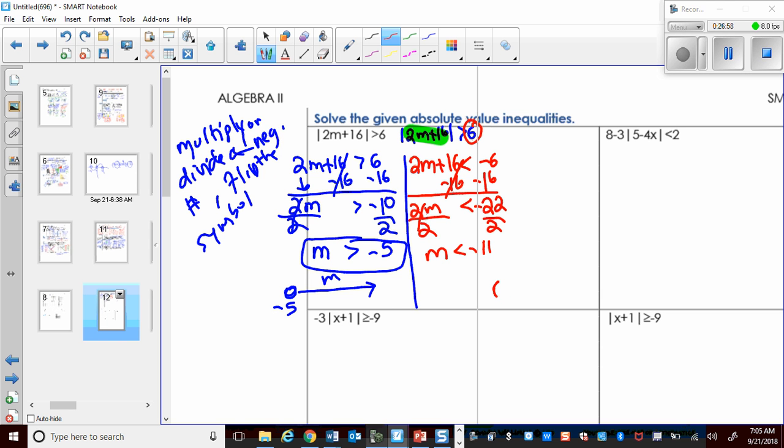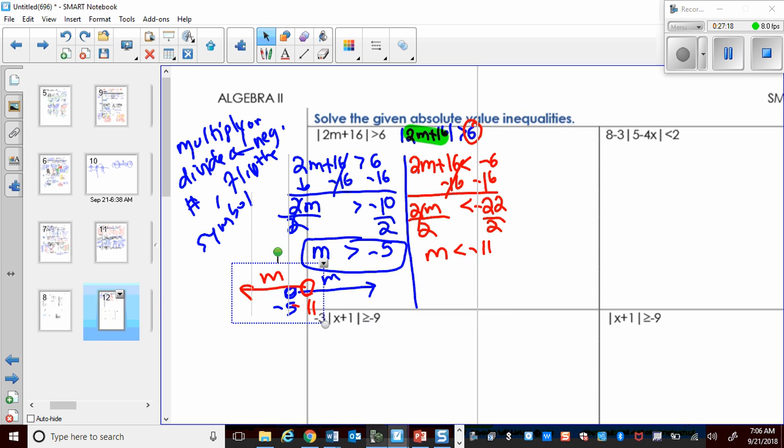So here, I'm at -11, everything's going to the left, all these little m's are my solutions. If I were going to write that appropriately, the best thing to do would be to write what comes first. So if I put these two solutions together, it looks something like this.